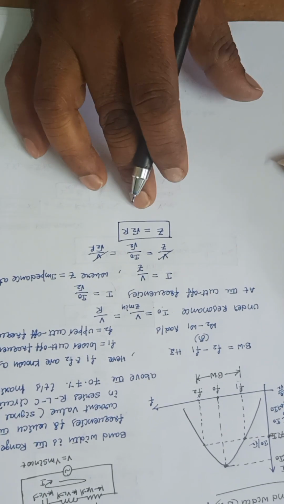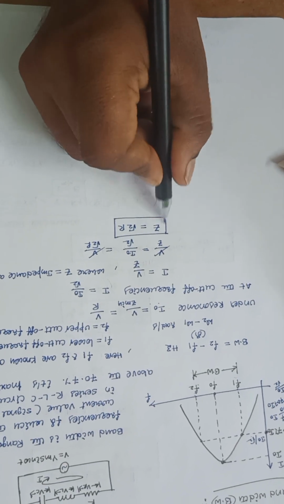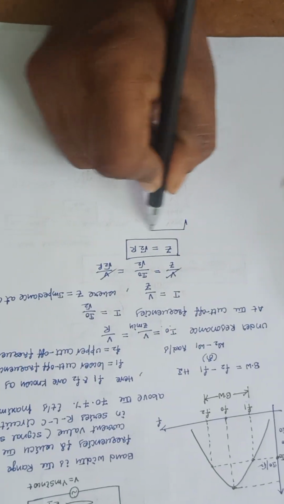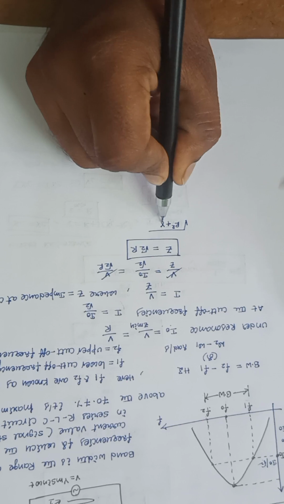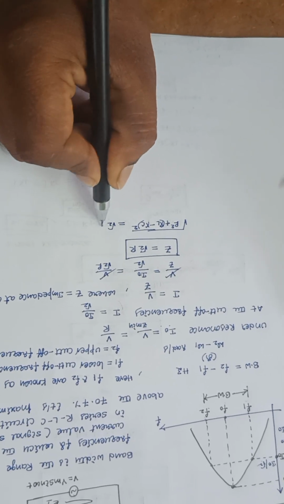After finding this impedance at the cutoff frequencies, let us redefine Z. For a series RLC circuit, the impedance Z is equal to the square root of R square plus XL minus XC whole square, that is equal to root 2R.